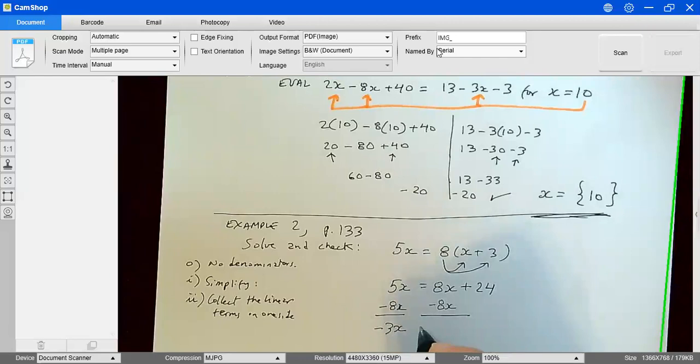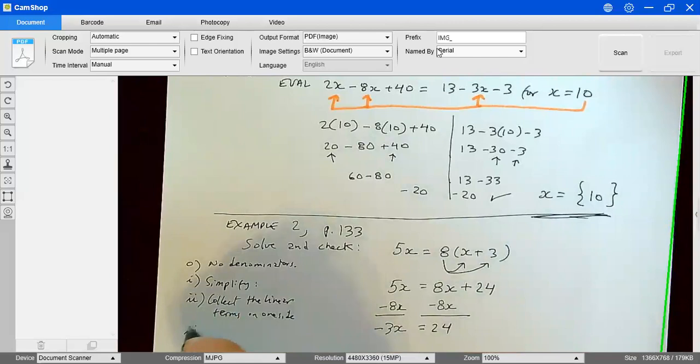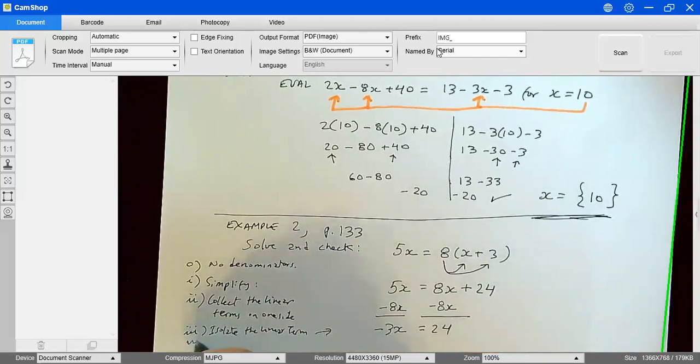equals, in this case, 24. Then isolate the linear term is our next step. It turns out that our linear term is already isolated. So we go directly to the next step.